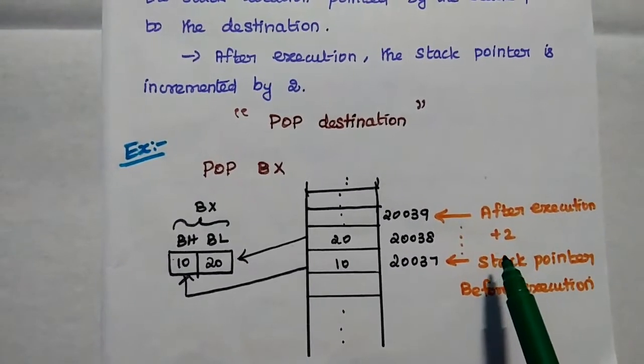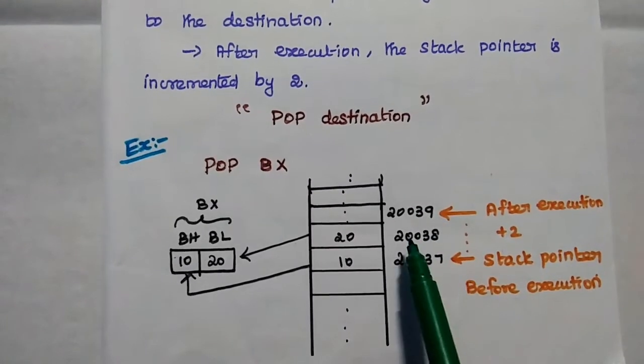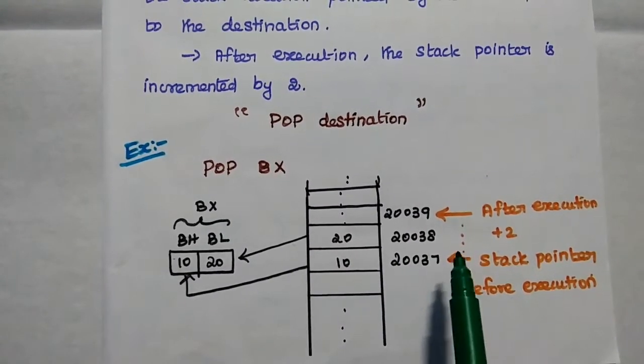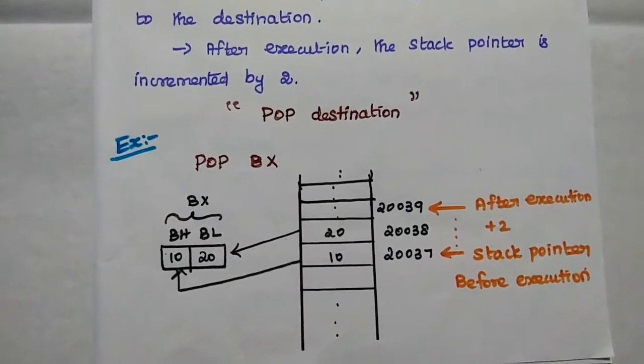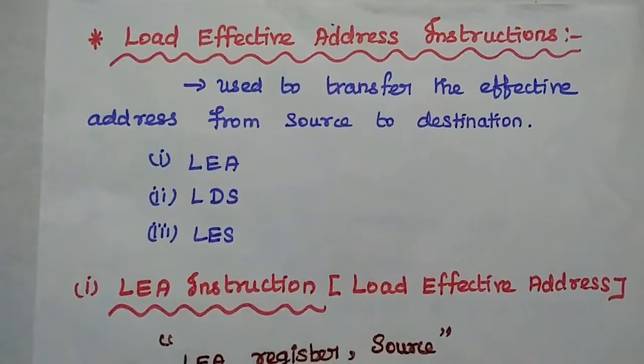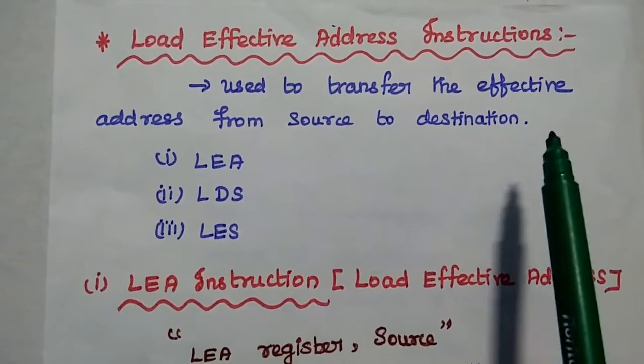Okay. Then the stack pointer is incremented to that next value. So totally we are going to increment the stack pointer by 2 here. Do you all understand? This is pop instruction.